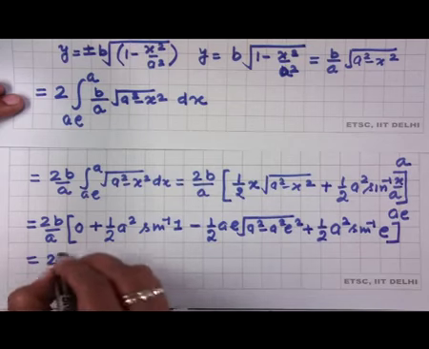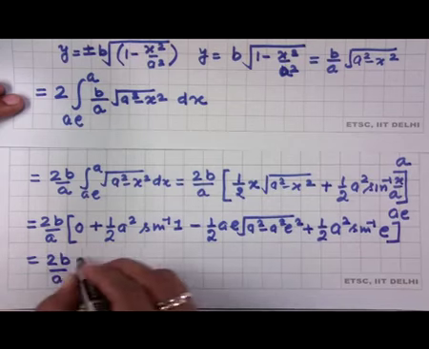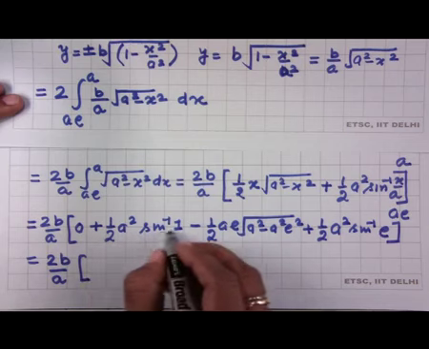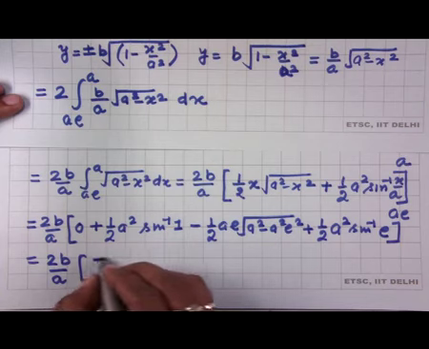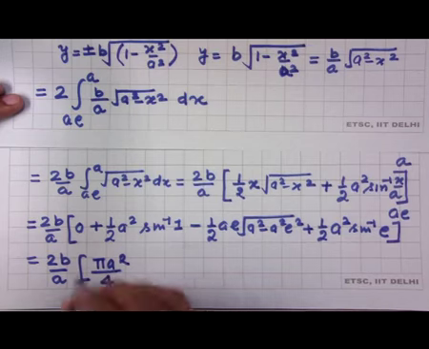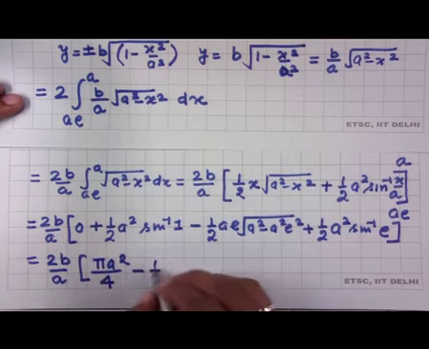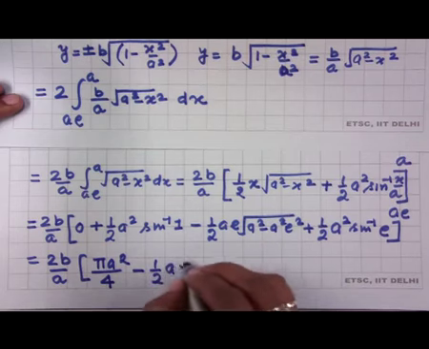So, we get 2b by a, sine inverse 1 is pi by 2. So, we get pi a square by 4 minus 1 by 2 a e.